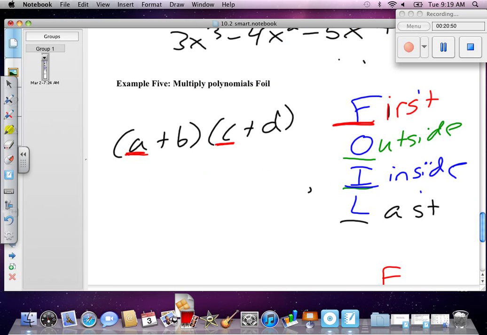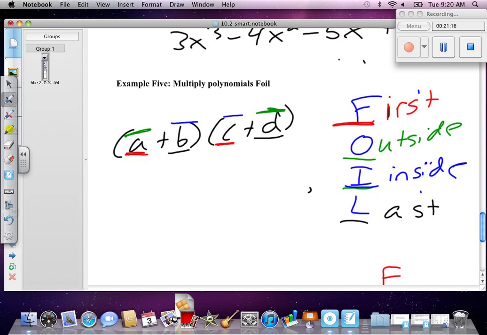It would be A and D, because they're on the outside of the whole problem. Now, which ones would be the inside of the problem? B and C, good. Okay, which two would be the last ones? B and D.